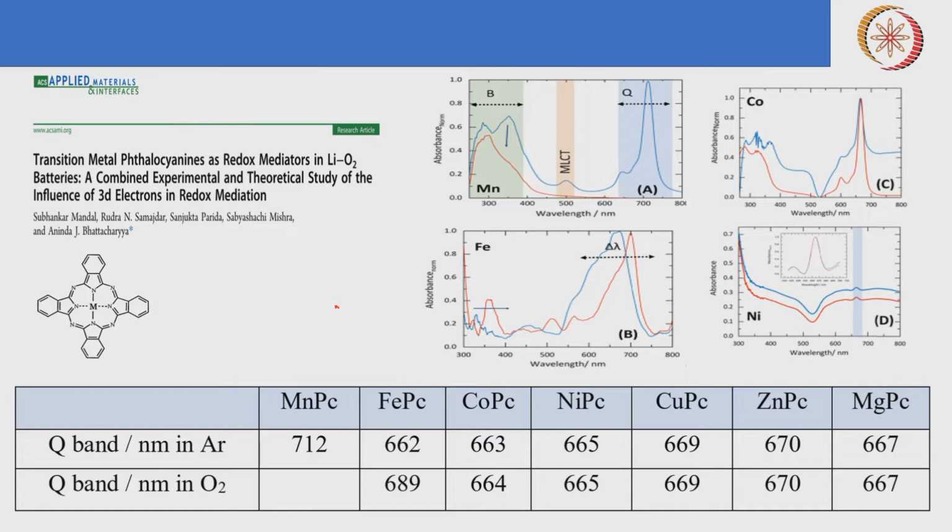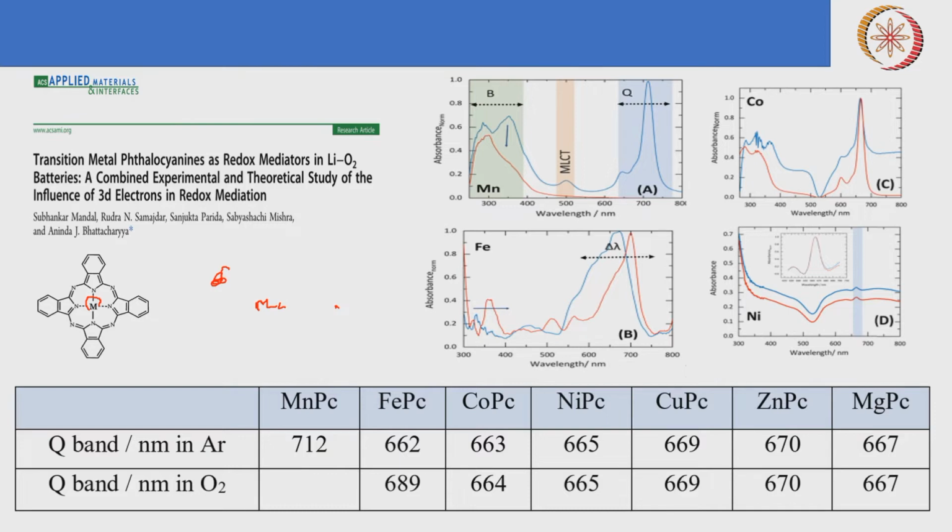And in this one we have learned different transitions, basically metal to ligand transition, and how the absorbance spectra will change with the metal center. This is one of the papers where we measured the UV-visible spectra of different transition metal phthalocyanines.